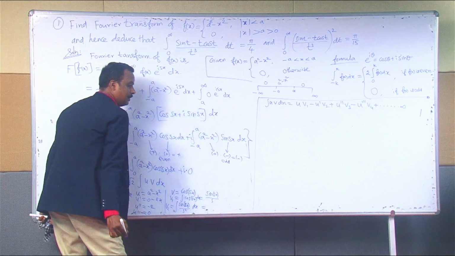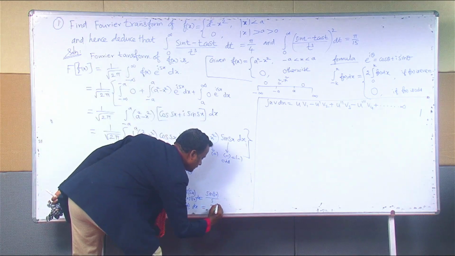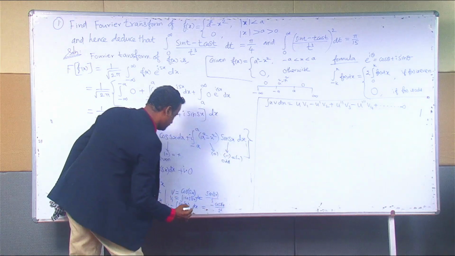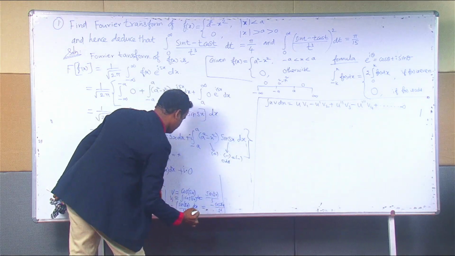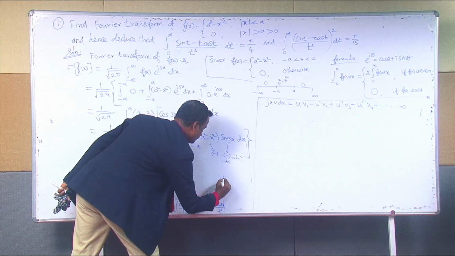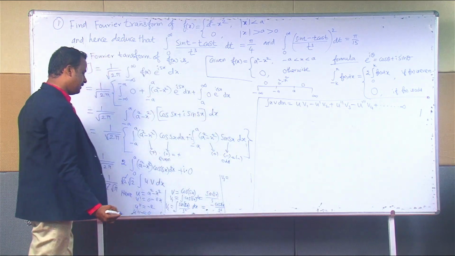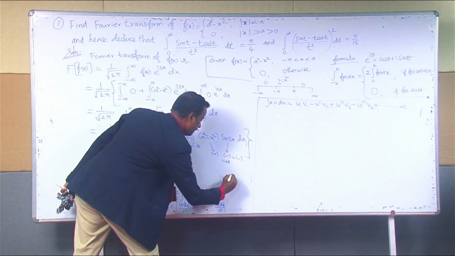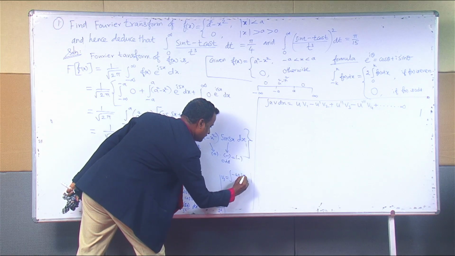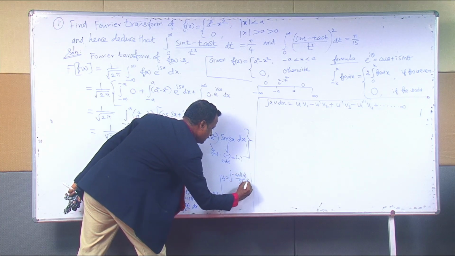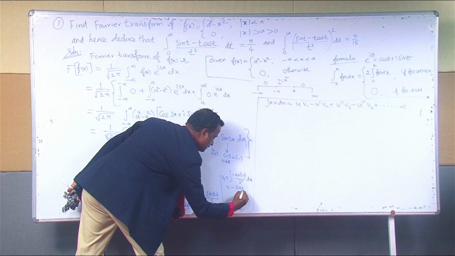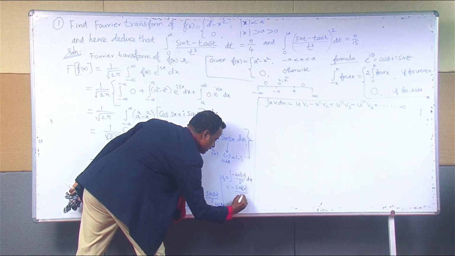Integral sin sx becomes minus cos sx divided by s square. And v3 is again integration of v2: integral of minus cos sx divided by s square dx, which is minus sin sx divided by s cube.